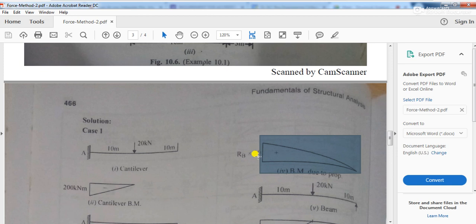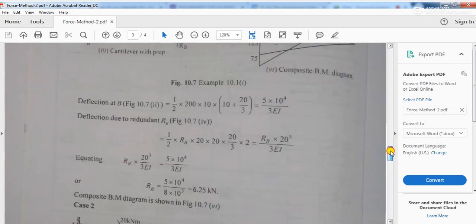So RB into 5 divided by EI is going to give you the value of your M by EI diagram, and from this M by EI diagram again you will have to find out the value of the deflection at point B. Okay, so deflection at point B. So if you want to find out deflection at point B, what you will have to do?